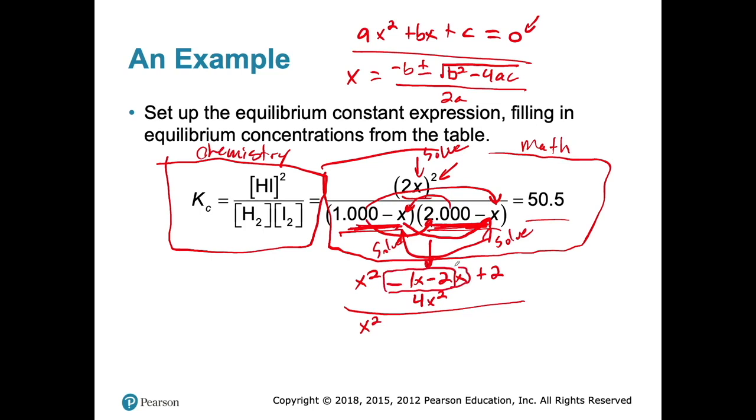Oops. Should be negative 3x plus 2, right? And all of that is equal to what? 50.5, right? Oh, say again? Right up here. 2 squared. Yeah. Okay. Everybody got that so far?